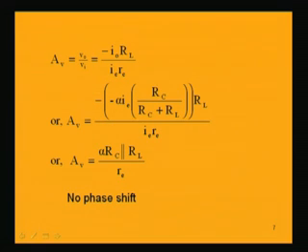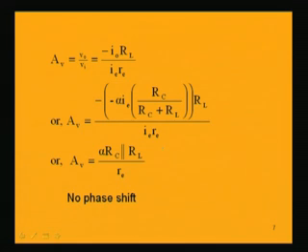Instead of expressing it again in terms of I, let us keep it here. The numerator for this voltage gain, the output voltage V naught, is alpha times, minus minus becomes plus, alpha times Ie into RC parallel RL, and the denominator becomes Ie re. So, Ie cancels, and what we get is alpha into RC parallel RL by re.